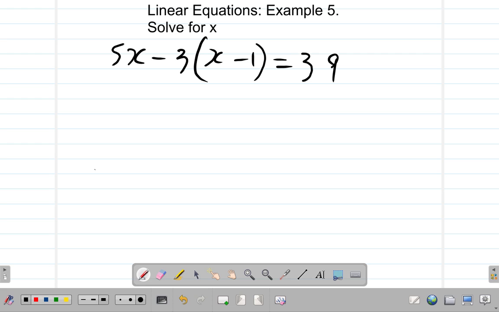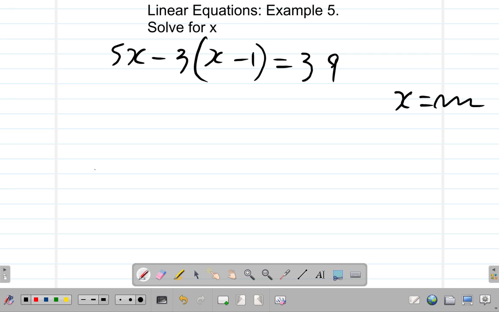Here now, remember, the main aim is to get x alone equals and everything else over the other side. And here, notice, you have two x's.